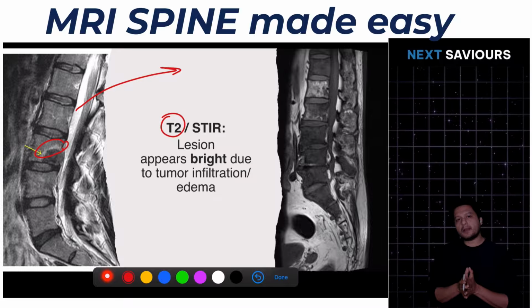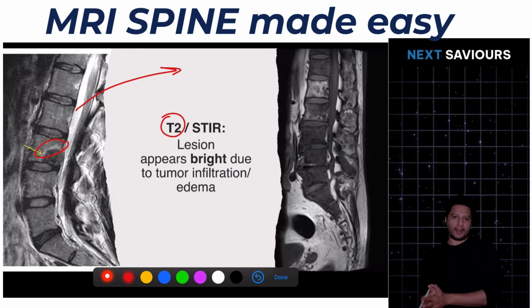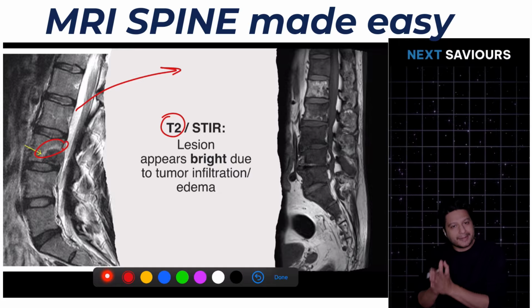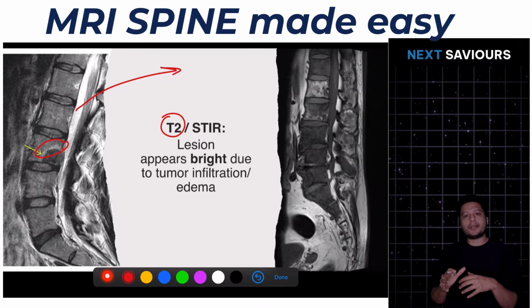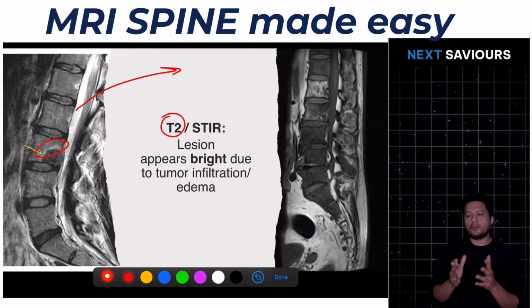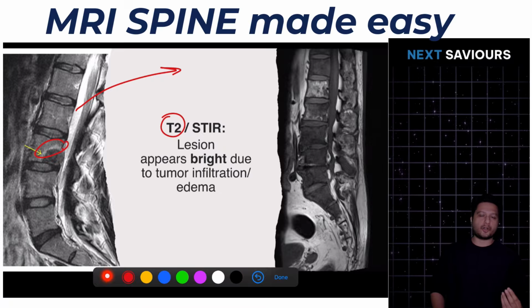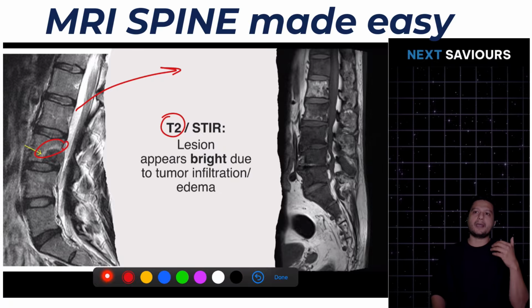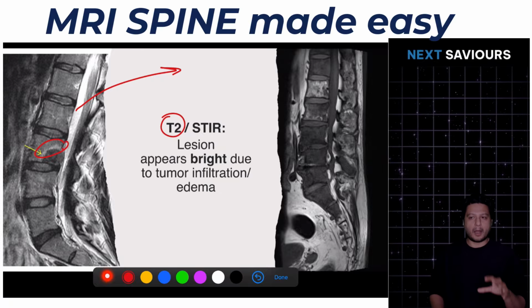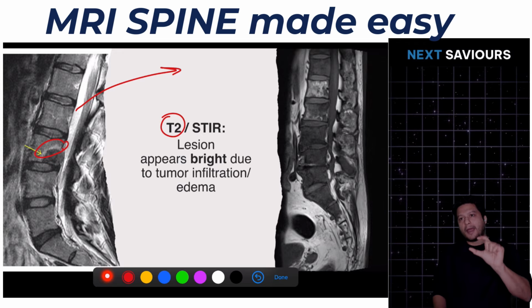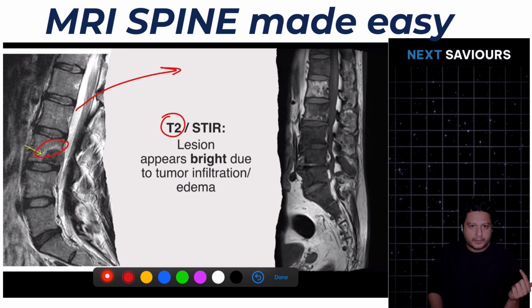Now, if you further want to attenuate the fat, if you further want to suppress the fat so that it is not a degenerative change, because you know, most of the metastatic lesions, most of the multiple myelomatous lesions, they are involving the elderly people. Now in elderly people the fat degeneration also happens.